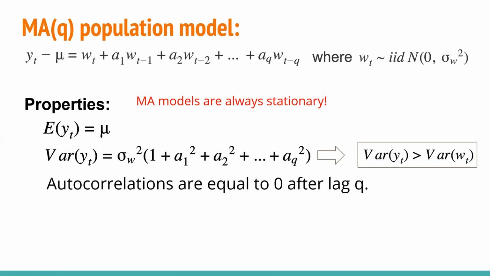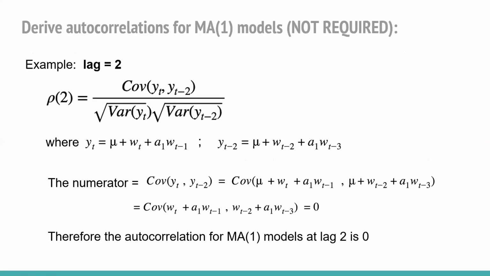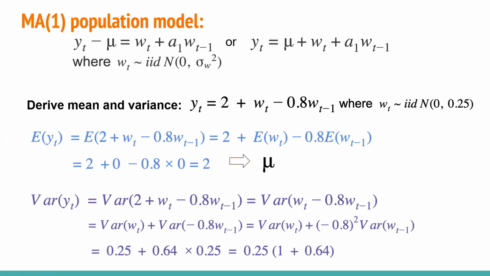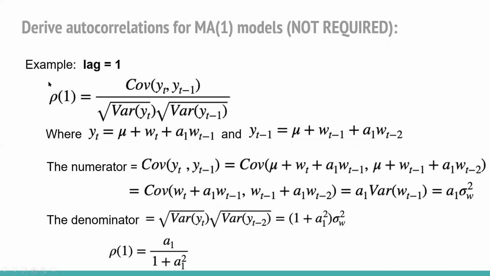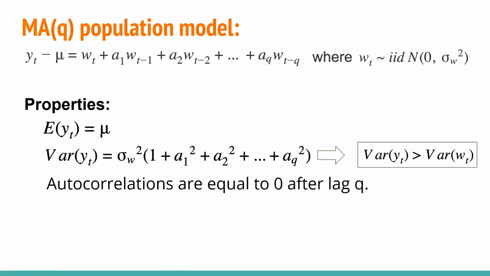And the mean of that at different periods, I'm going to show you something right now that I showed you before when I was computing the mean. You're actually going to see that I said expected value of W_t equals 0, expected value of W_{t-1} equals 0. So the mean and variance do not change systematically over time. And that was why we said the MA models are always stationary.